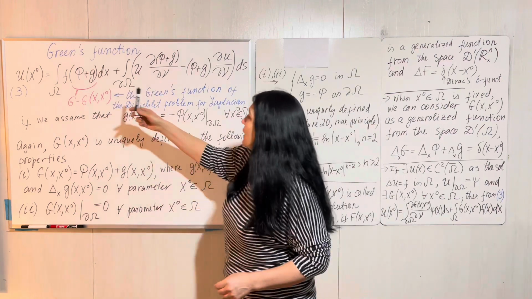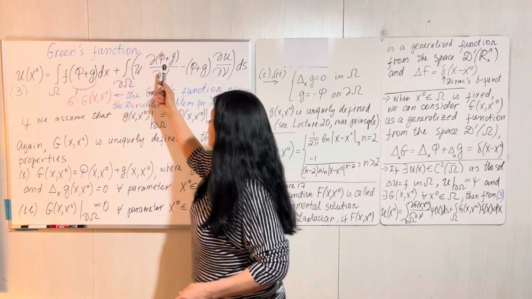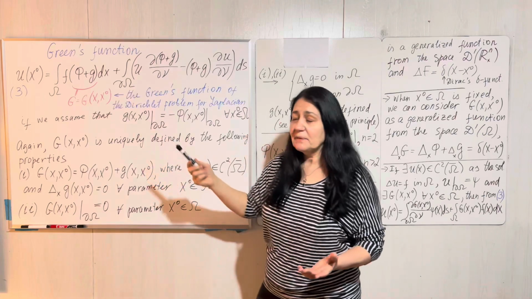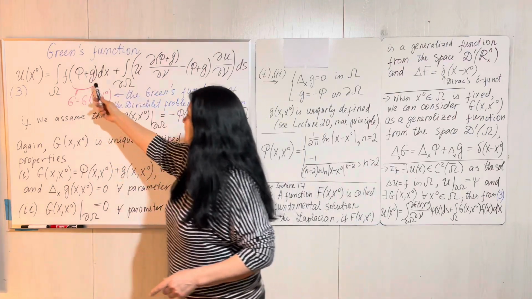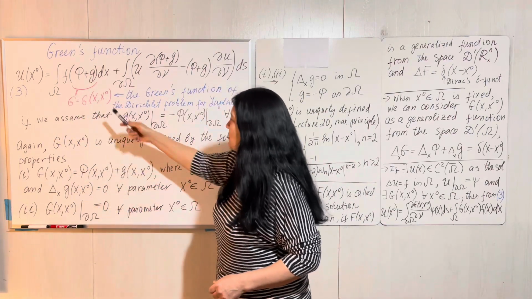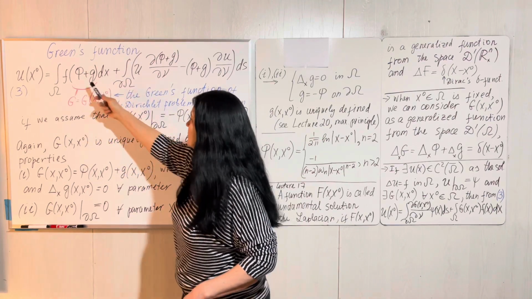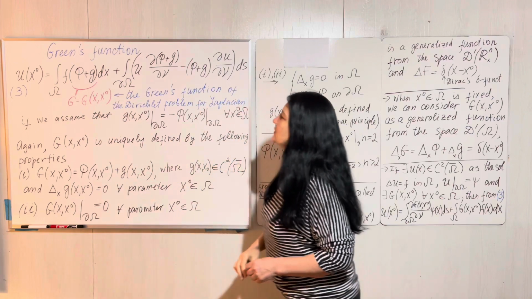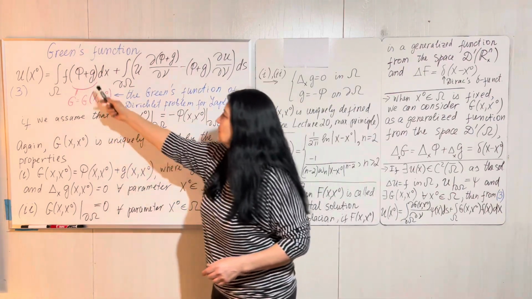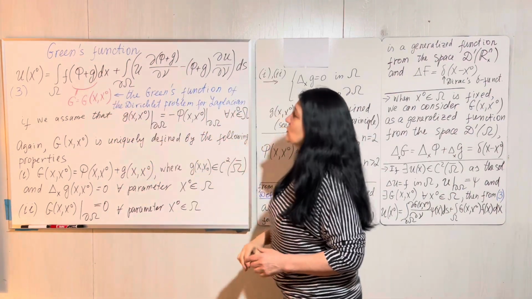And we can notice that everywhere we have the sum φ plus g, and let's call this function G. And if we restore the arguments, G is a function of x and x naught, because both φ and little g are functions of x, x naught.